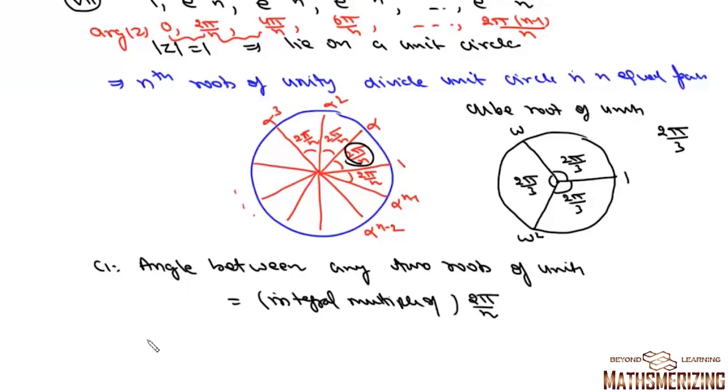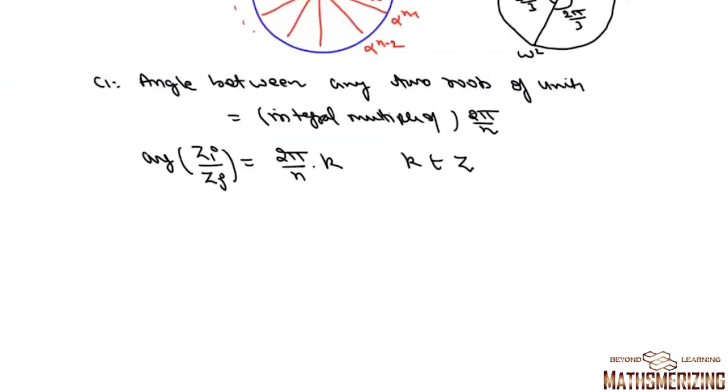That is, argument of zi upon zj, it must be equal to 2 pi by n into k, where k is an integer.